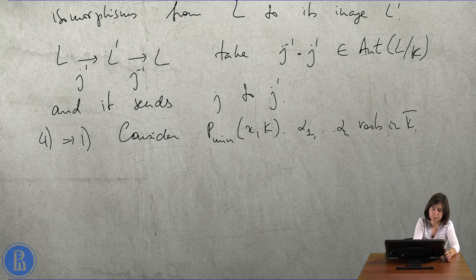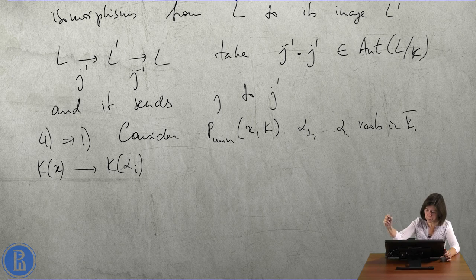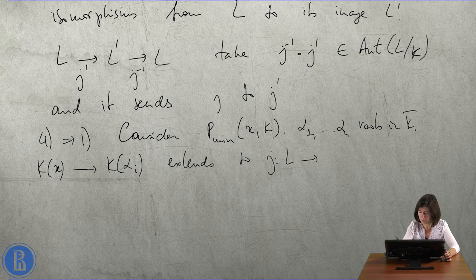Then I have a map sending K(x) to K(alpha_i). Such a thing extends to J from L to K bar and sends x to alpha_i. Now, well, I better denote it not J but J_i.